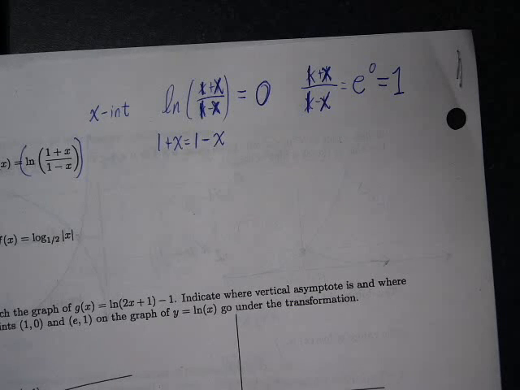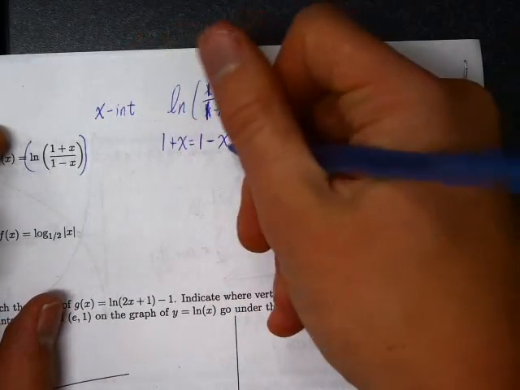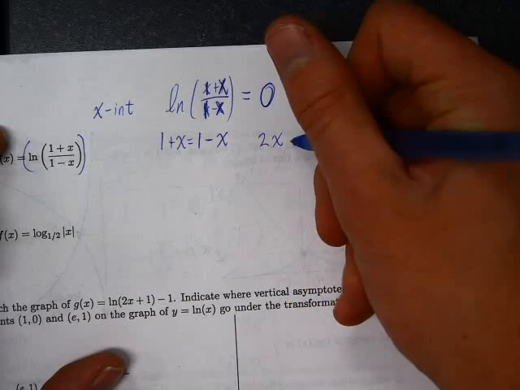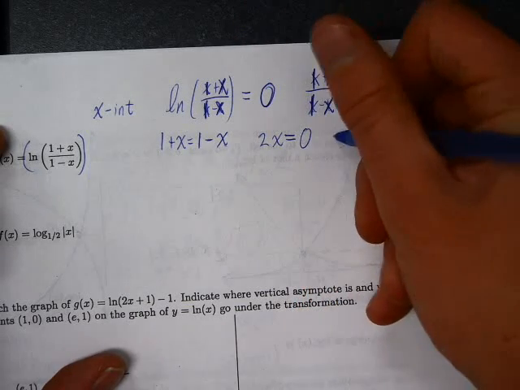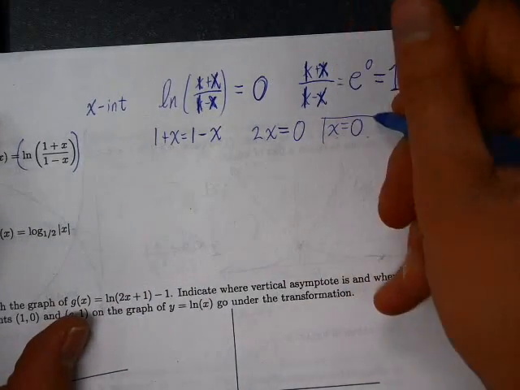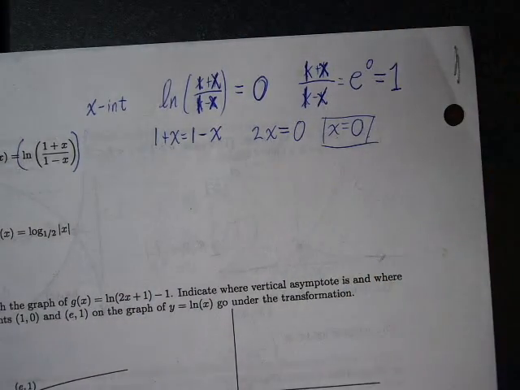So you'll add x over and then subtract it over. Subtract 1 from both sides, add x to both sides, so you get 2x equals 0, so x is equal to 0. So it looks like the x-intercept occurs at x equals 0. People okay with that? Let's find the domain.